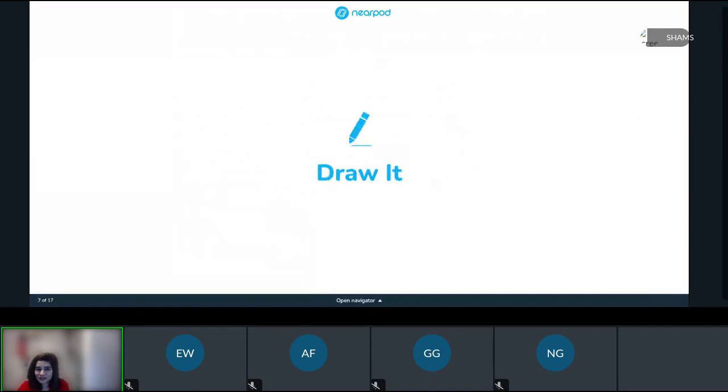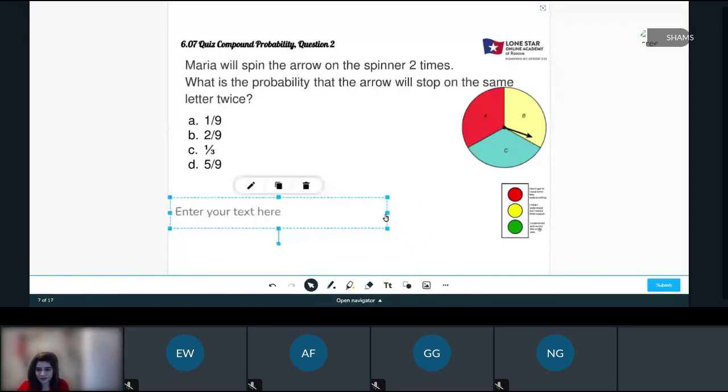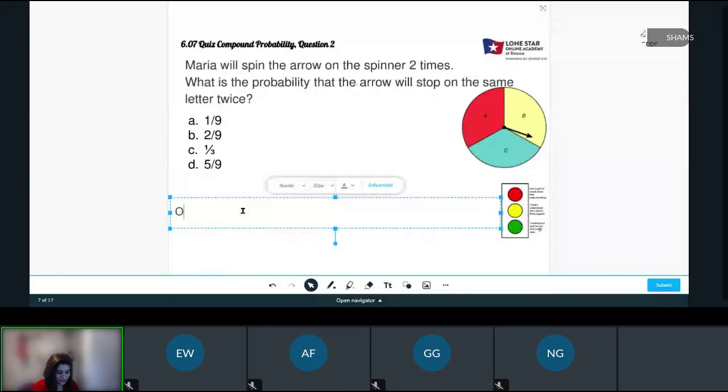So Maria will spin the arrow on the spinner 2 times, and the spinner has A, B, C. Let's write down all possible outcomes, everybody. We will write down over here, so they will all fit well. Outcomes. Now without the tree diagram, because you guys are well versed.